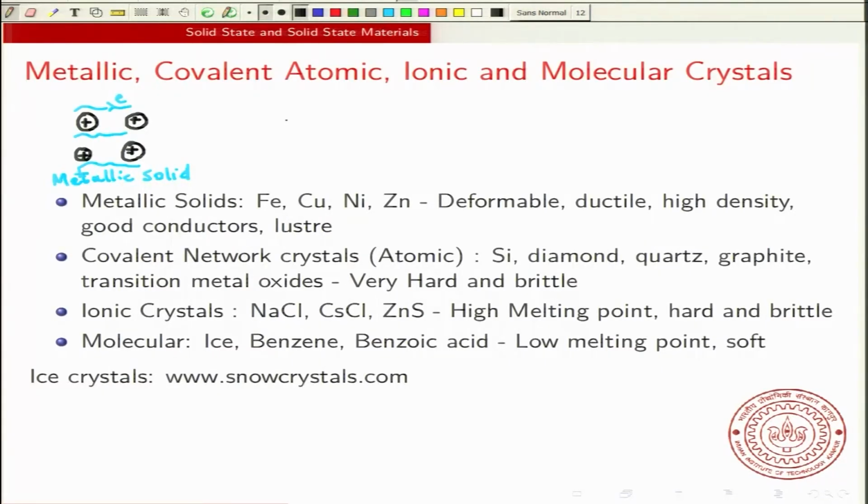So if you take diamond, for example, you have a carbon atom that is tetrahedrally bonded to 4 other carbon atoms, and now each of these is also tetrahedrally bonded to 4 others, and essentially you form a network structure of this whole solid. So you form an extended covalent network.